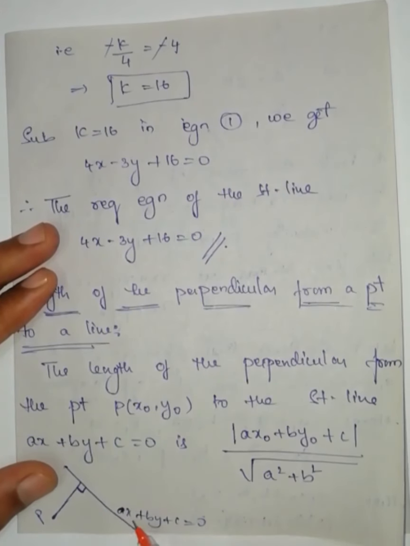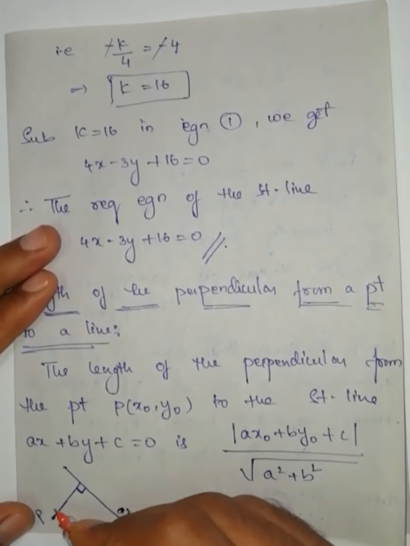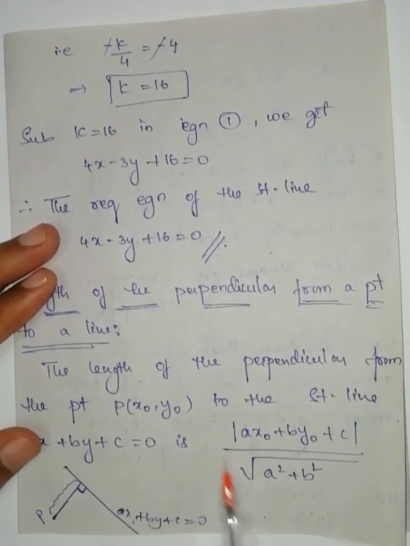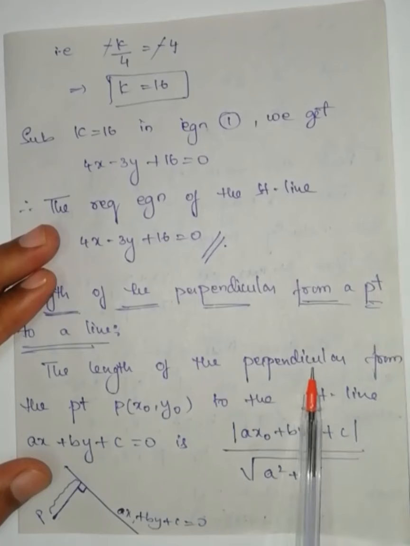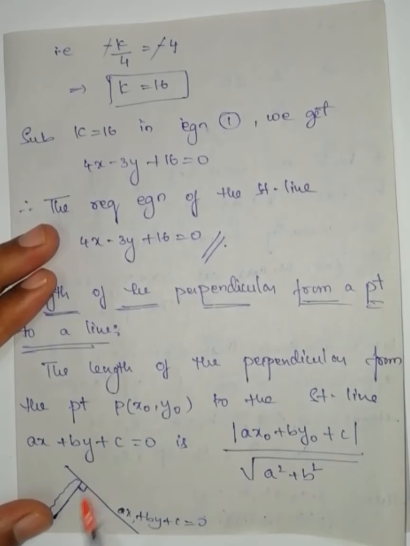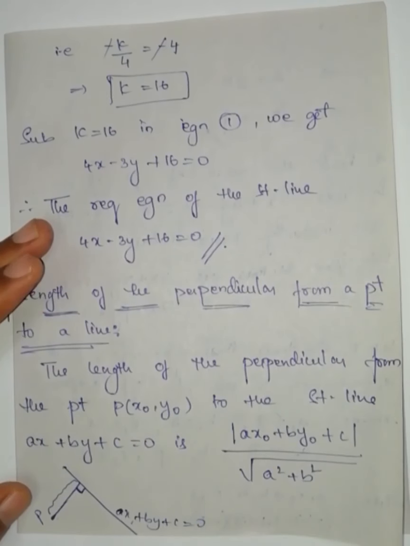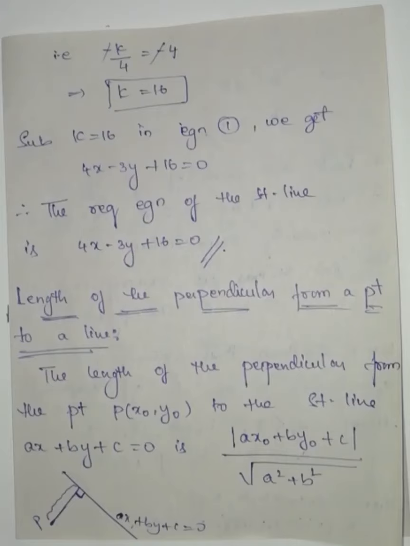Now, what is this distance? The length of the perpendicular from this point to this line is this one. The distance between this point and the line is this one.